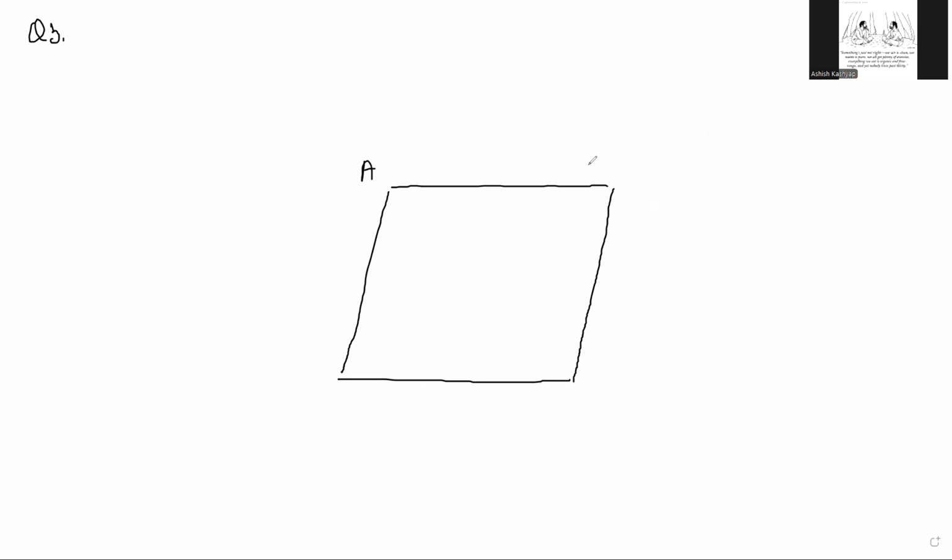Okay, so there is a rhombus, angle B is 40. This angle B is given as 40 degrees and E is the midpoint of BC.